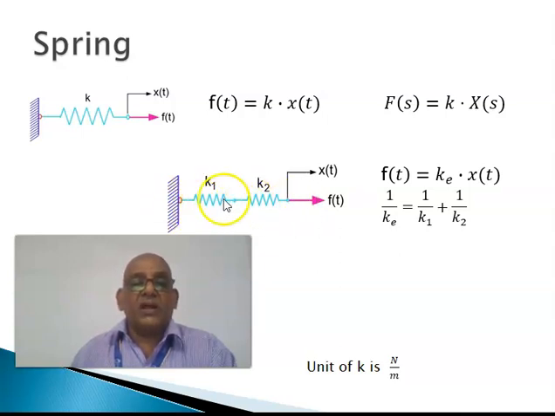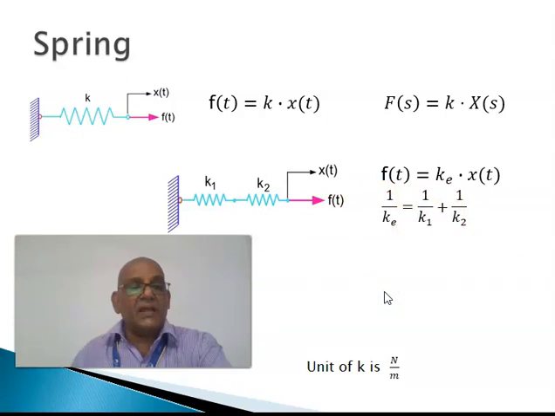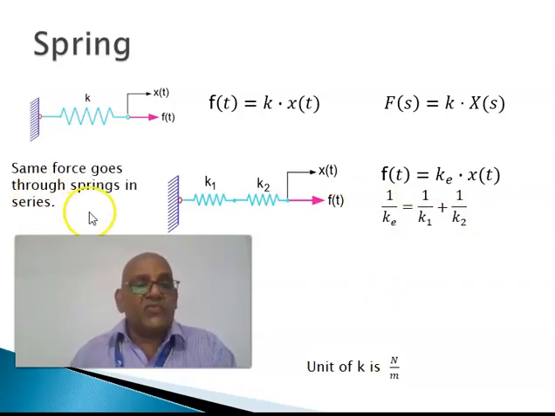That is called the equivalent spring, and its stiffness is Ke, K equivalent. We'll write F(t) is Ke of x(t), where Ke is given by the rule shown here. We see that if springs are in series, the same force goes through the springs that are in series.